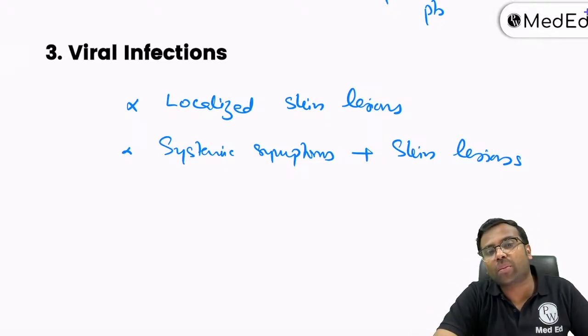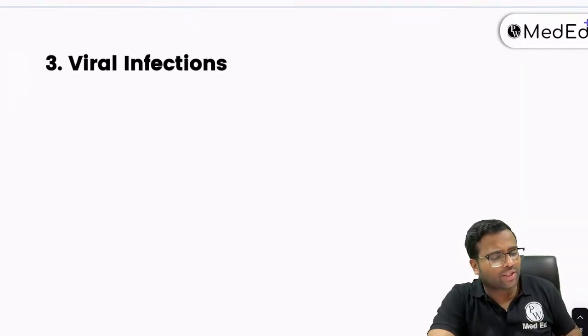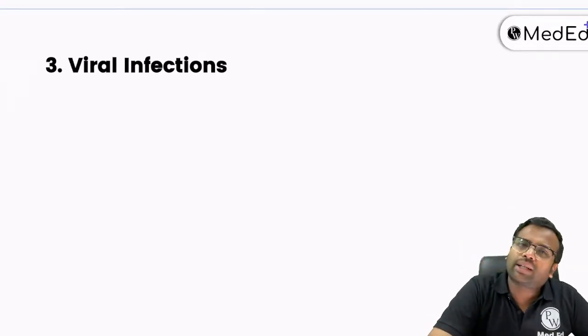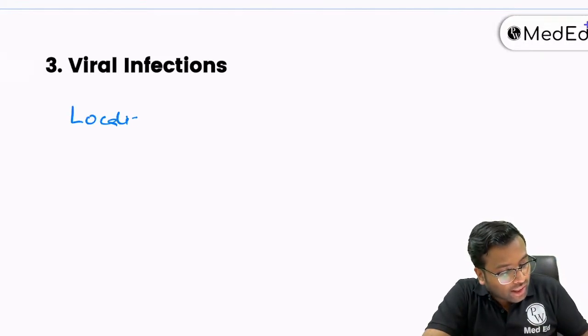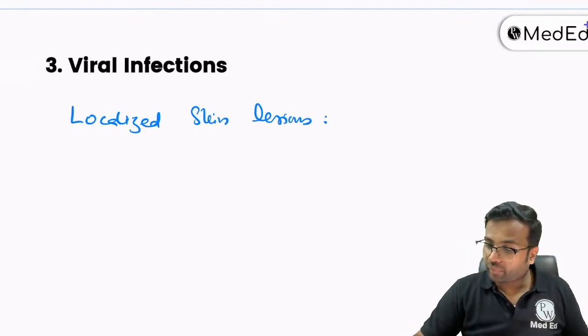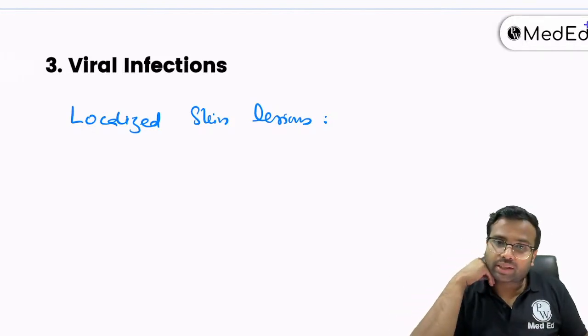So let us talk about some examples of viral infections. As I told you, what are the cases where a patient can present with localized skin lesions? Any idea? Yeah, rash and fever can also be there.